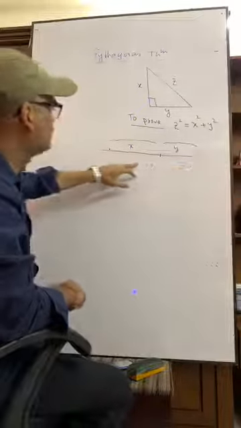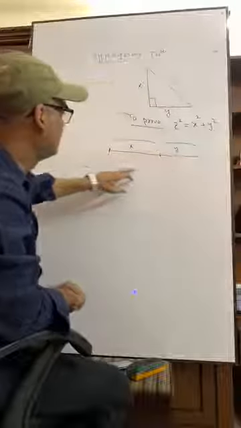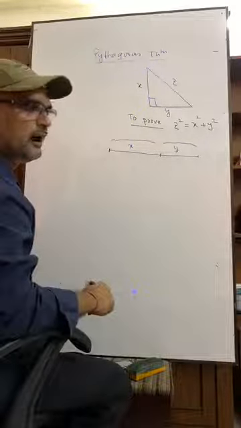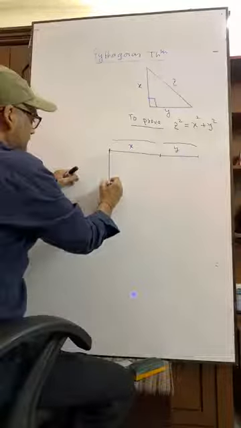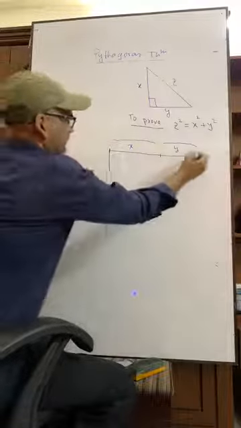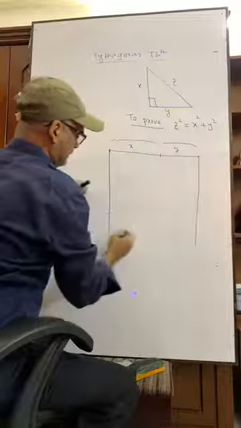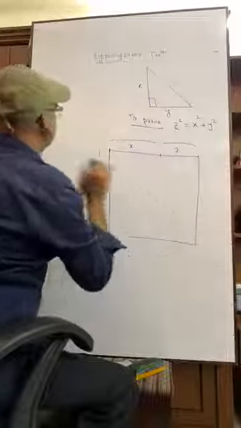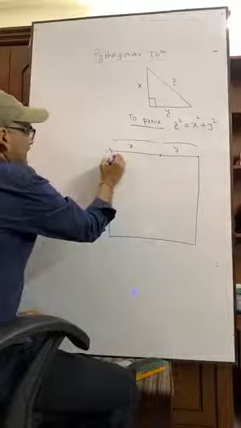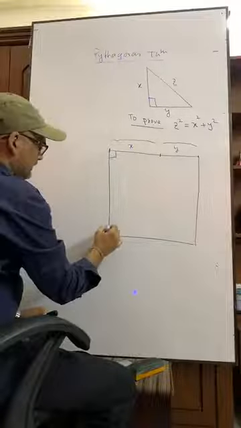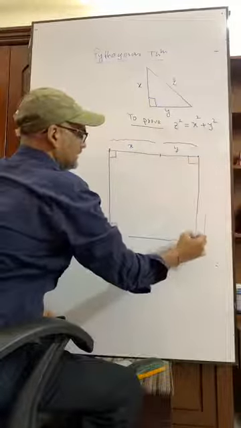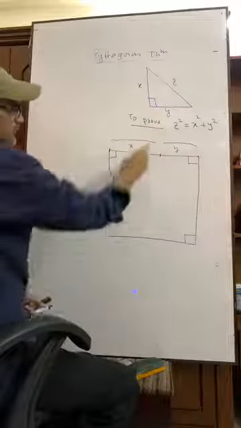Is it possible to draw a square like this? This is the square. So this is a right angle, this is a right angle, this is a right angle, and this is a right angle. Have you seen here?